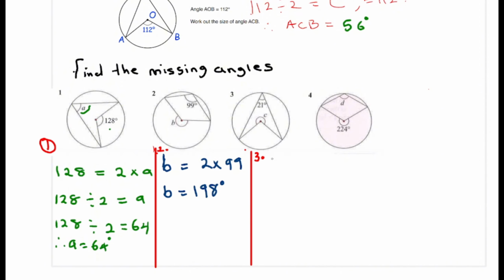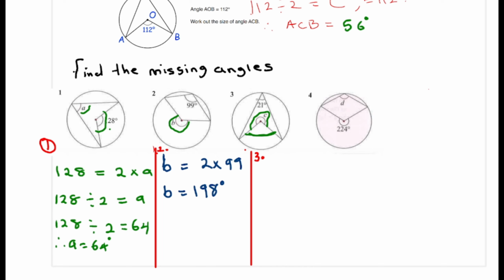For number 3, we have C and we have 21. But there is something you need to note here. In the others that we solved, our angles were outside, but this one is inside. So how do we do this one? We find the outer one, which is the one that is twice the angle at the circumference.